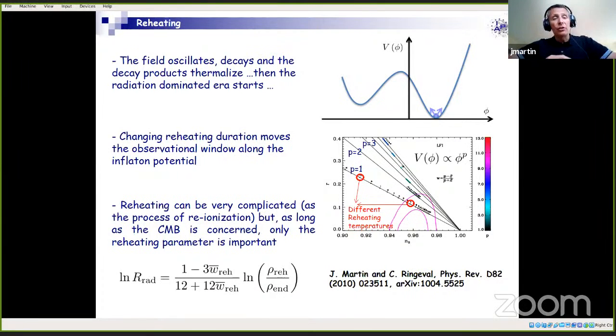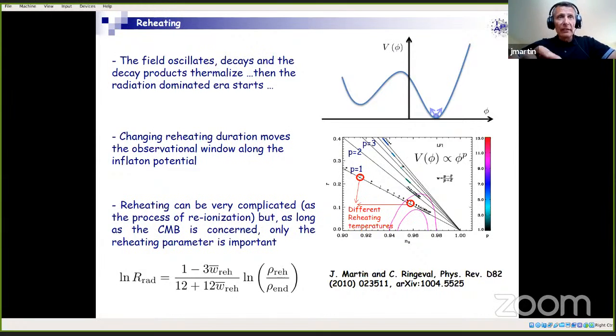Certainly, reionization in the early universe is a very complicated process from the atomic physics point of view, but nevertheless, you can describe it as far as CMB data are concerned with one parameter, which is the optical depth. So this is exactly the same here. So any constraints on the reheating using CMB data will take the form of a posterior distribution on the reheating parameter.